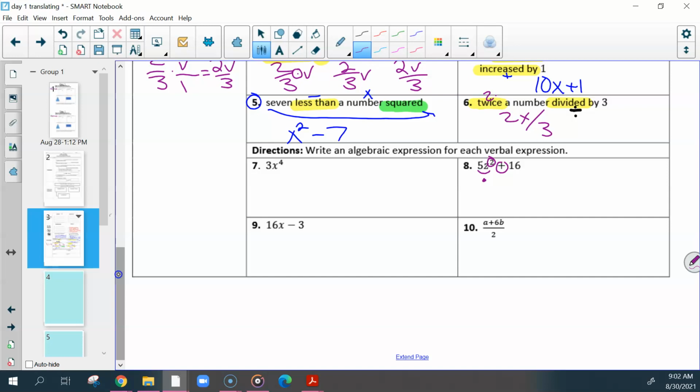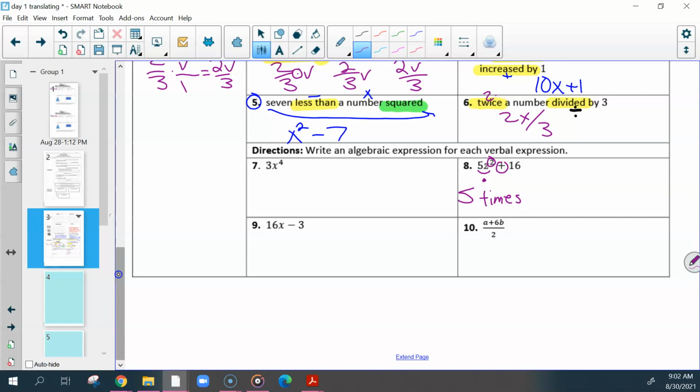Anytime you have numbers, you can write out the number, or you can just put the number. So I can say 5 times. Sometimes when you have variables raised to a power, you can write it as that. Z raised to the second power is z squared.